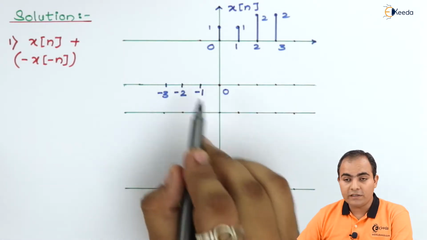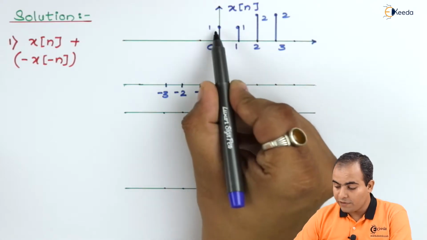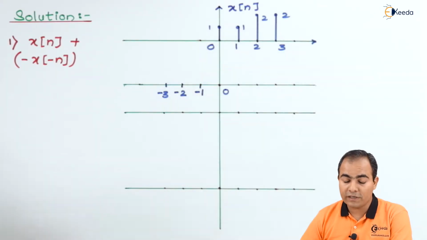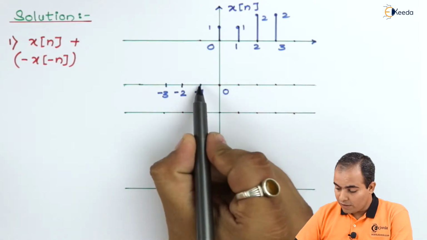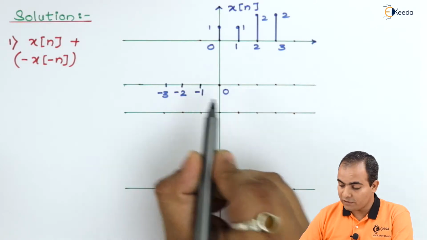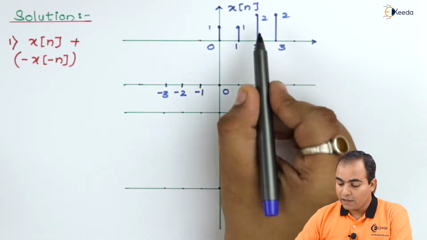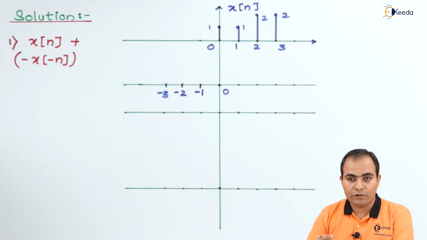Now I will mark the amplitude. On origin and at 1 we have amplitude 1 and 1. So I will mark amplitude 1 on origin as well as on minus 1, and at minus 2 and minus 3 the amplitude is 2 and 2. So at these two places I will mark the amplitude 2 and 2.